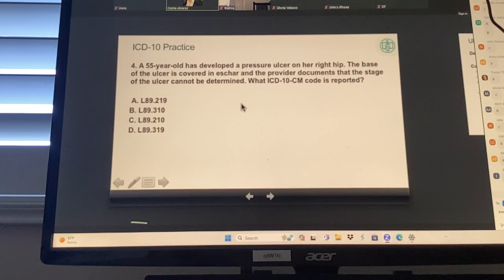And so it looks like it's viable tissue. So what they do is they clean out the ulcer until they see bleeding. And when they see bleeding, that's viable tissue. When the tissue has died because of the ulcer, there's no bleeding involved. And so they have to clean all of that out.